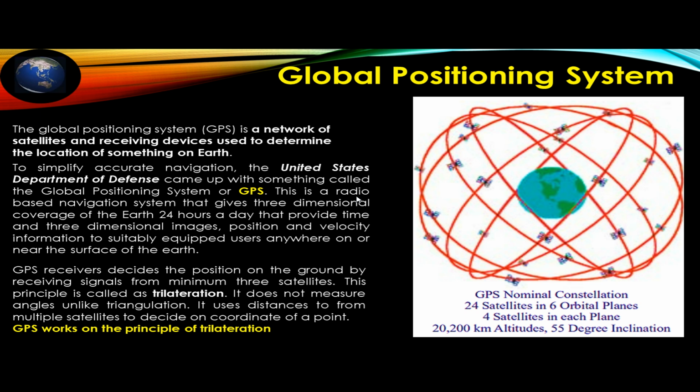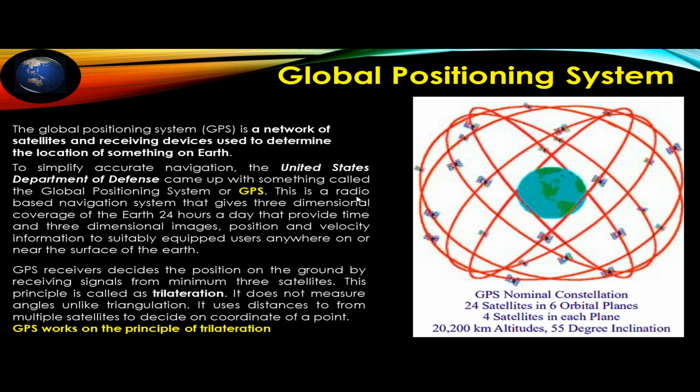So you need to locate the latitude and longitude of any individual or object. Then only can you perform any analysis in GIS. So GPS works on the principle of trilateration.